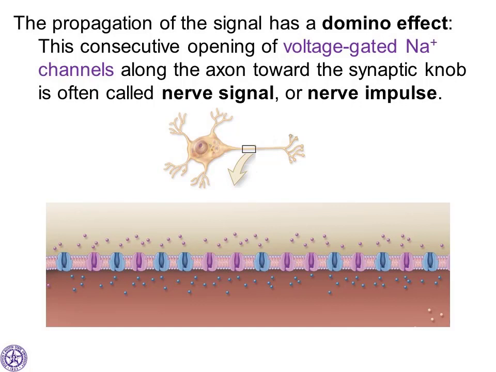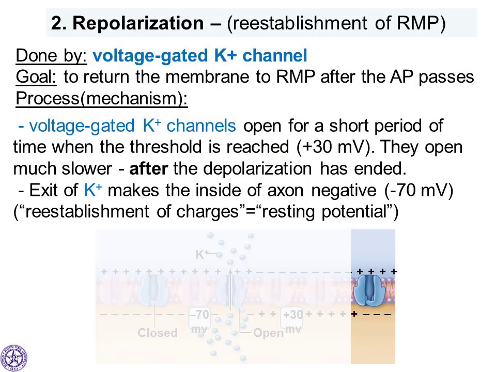Now, we've got the sodium, but we've also got the potassium voltage gated channels nearby, because the voltage gated potassium channels are going to repolarize. So if sodium took us from negative 55 towards 0 and positive 30, what do you think is going to happen in repolarization?